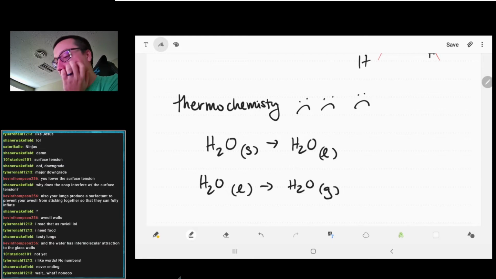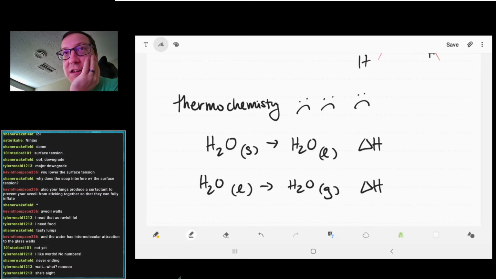Guess what? It's time for our favorite letter in all of chemistry. Delta H. Yay! We love delta H. So we're going to see that for these two processes, from solid to liquid and liquid to gas, we have specific delta H values for these.